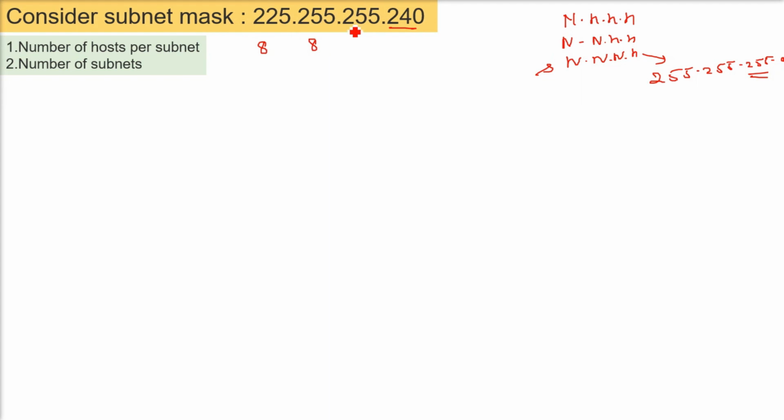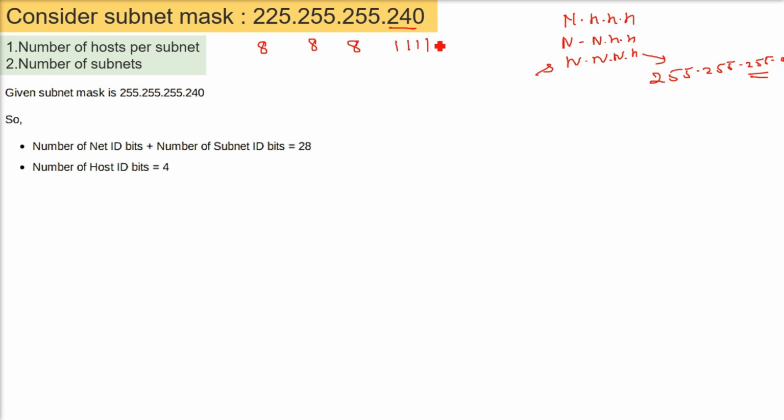So we have 8 1 bits, 8 1 bits, 8 1 bits, and for 240 we have just seen: 1, 2, 3, 4, then 4 zeros. So 4 ones and 4 zeros, if you start from the left. So first 3 octets ones, last octet 4 ones and 4 zeros. How many ones are there? 24 in the first, second, third octets, and 4 in the fourth octet.